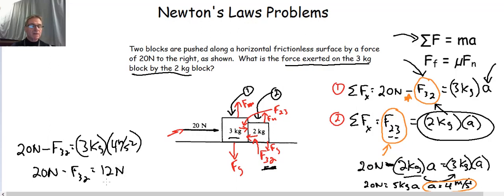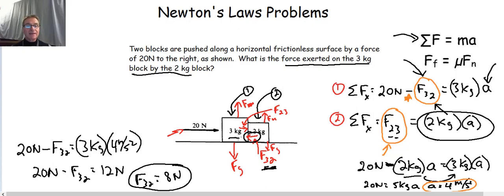Okay, and what does F32 turn out to be? It's going to be 8 newtons. Okay, so the force on block 3 due to block 2 is going to be 8 newtons, and it's going to be to the left as we have drawn the direction over there.